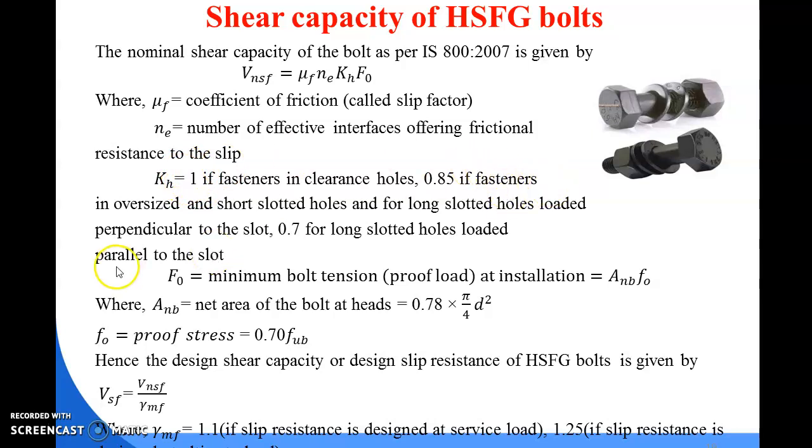If the fasteners are in oversized and short slotted holes, and for long slotted holes loaded perpendicular to the slot, then you can take the Kh value as 0.85. Then if it is a long slotted hole loaded parallel to the slot, then you can take the Kh value as 0.7.